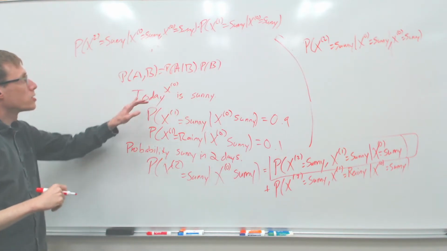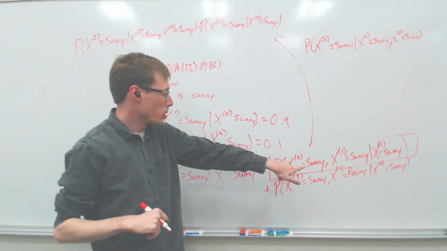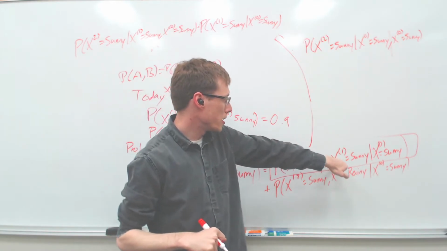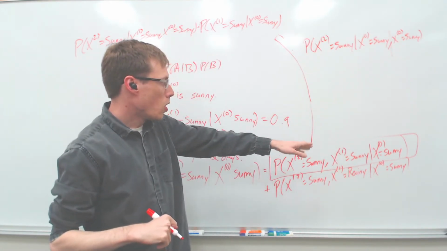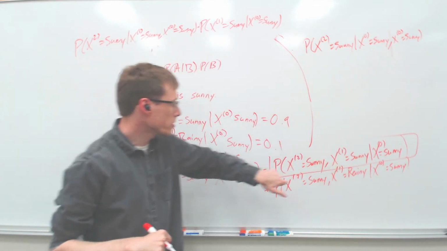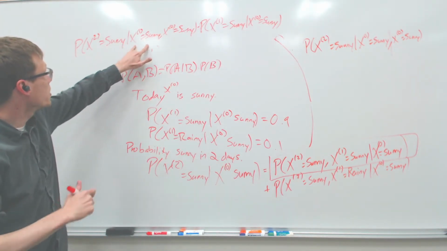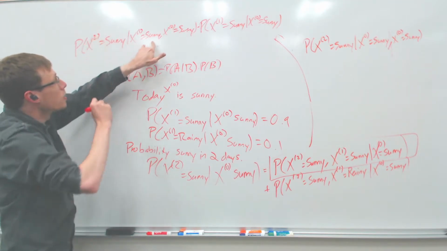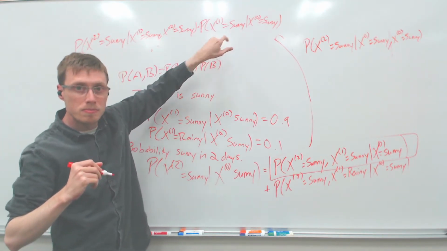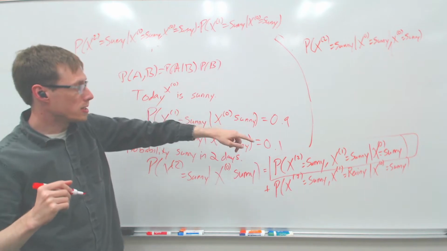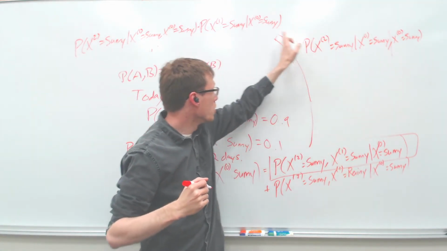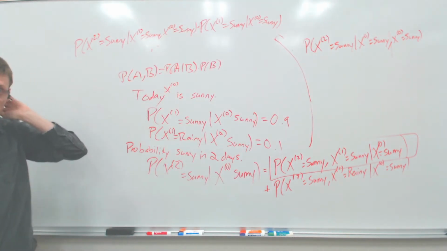And so what you're seeing here is that the probability that x2 and x1 are sunny given x0 — all I've done is taken this part right here, x2 and x1, and it becomes x2 given x1 times the probability of x1. Because this thing is conditioned on x0, both of these are also conditioned on x0.